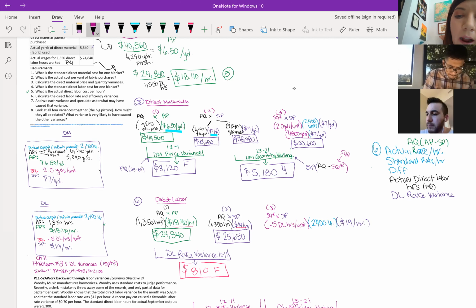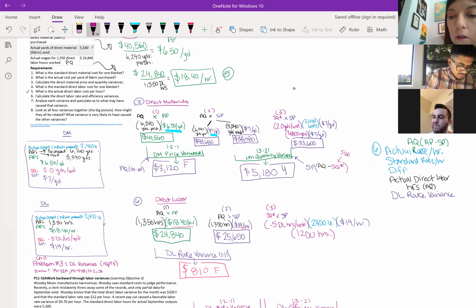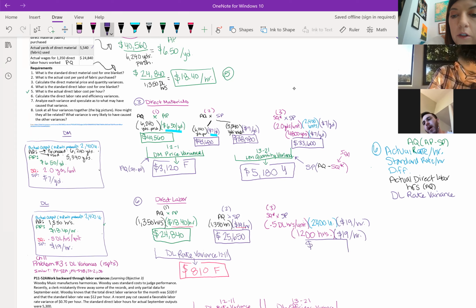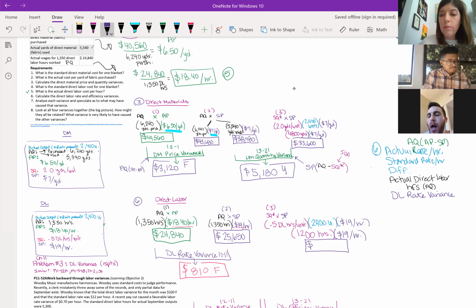So how many total hours should we have used? 1,200 hours. And we should have paid a total of $19 per hour. So to produce those 2,400 units, we should have spent how much? 22,800. Correct.